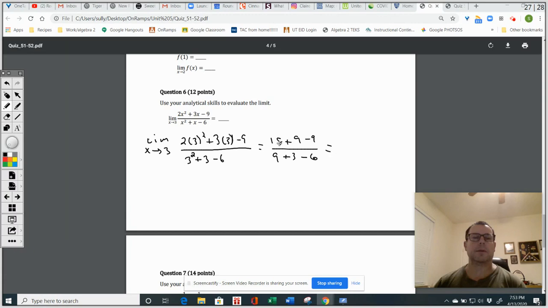On the top, 18 plus 9 minus 9 is 18, and 9 plus 3 minus 6 is 6. 18 divided by 6 is 3. So we are left with 3. Now, if we were left with an indeterminate form like 0 over 0, which we know we can't do, we'd have to do some more work and some investigating.